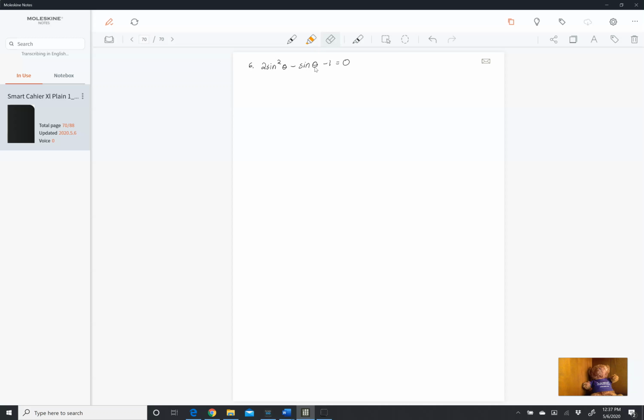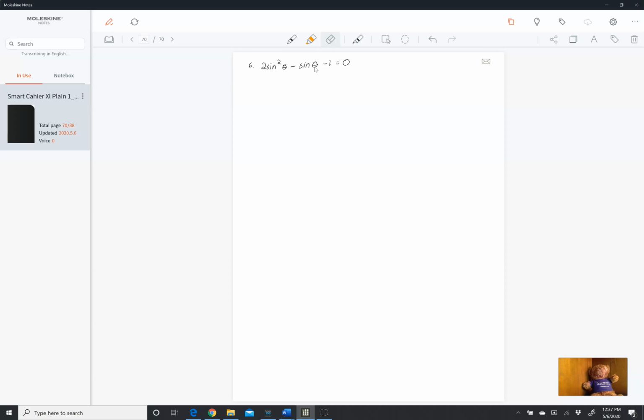Okay, so we look at this and we say, how do we do this? Well, it kind of looks like a quadratic, right? So we solve it exactly like a quadratic. Now, if this were a quadratic, the first thing that we would do is factor.